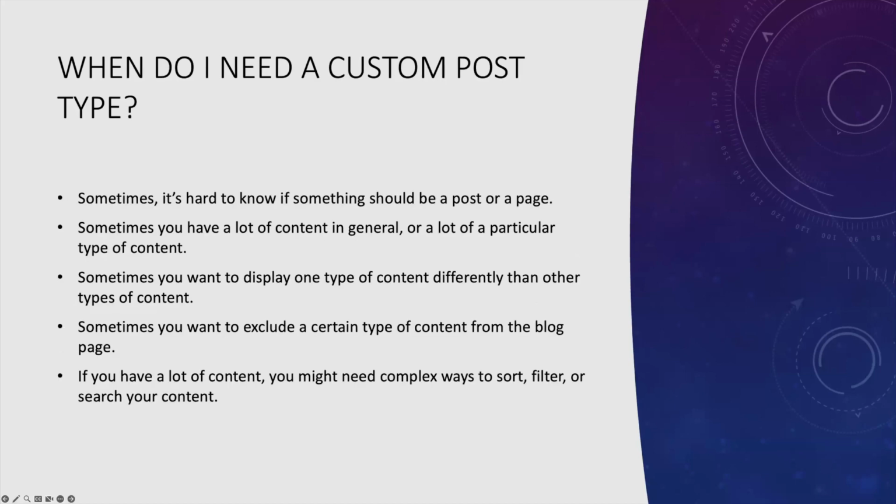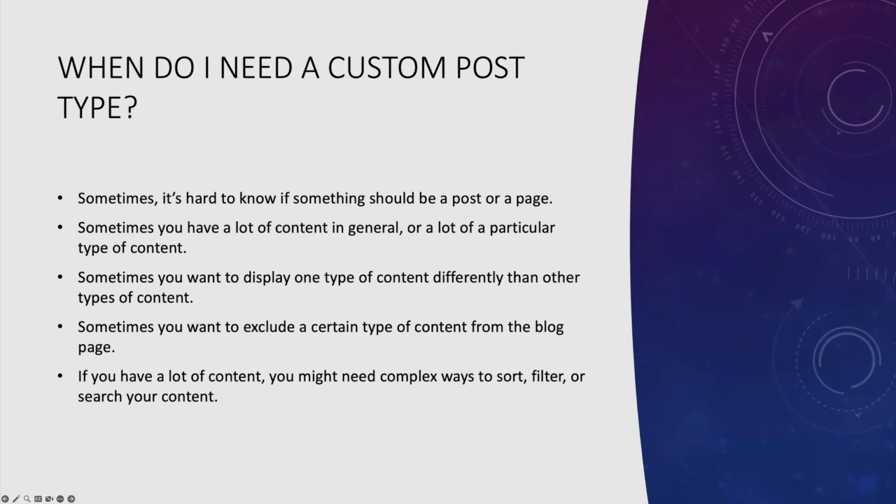Why might you use a custom post type? Well, sometimes you have a lot of content, and just using it as an organizational function is one way to use custom post types. Sometimes you want to display one type of content differently than the other. You need a different layout for a particular type of content.